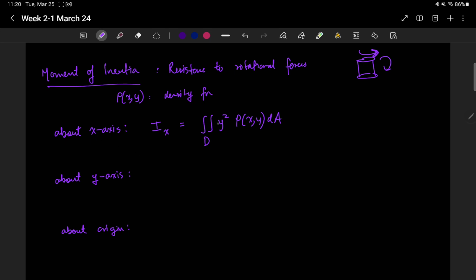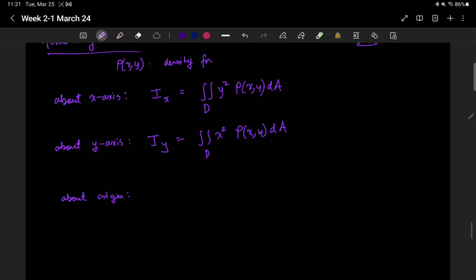So when it's about the x-axis, the moment is described by the distance from y, so y squared. And when it's about the y-axis, the moment takes into consideration the distance x from the x-axis, so it's x squared rho xy, which is your density function dA.